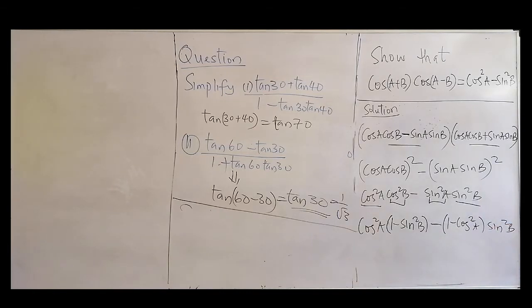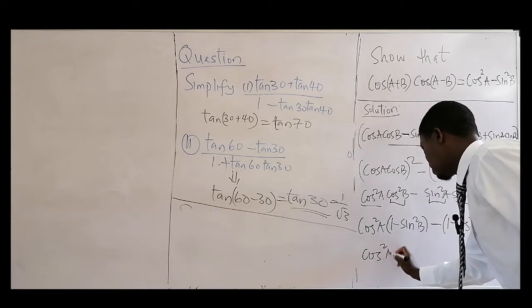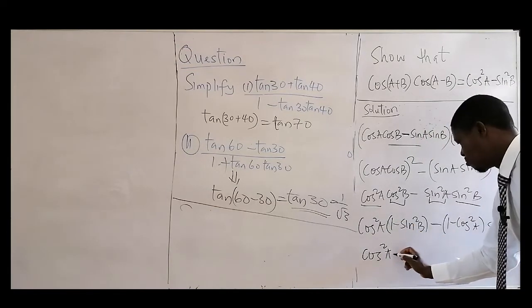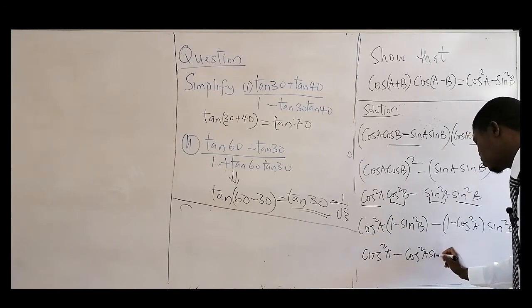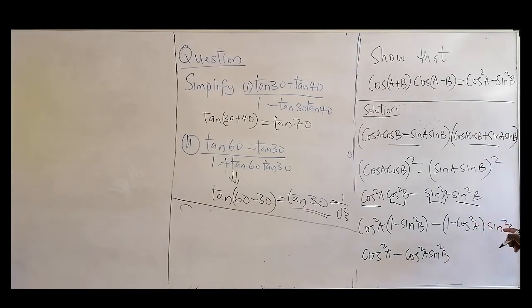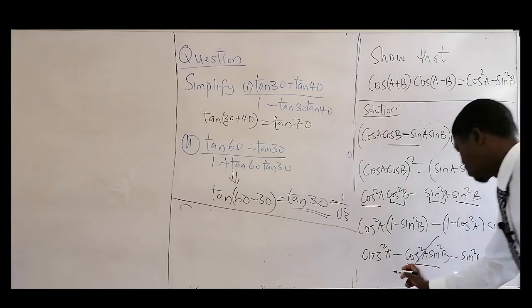So let's expand that. That will be equal to cos squared A times 1, that's cos squared A, minus cos squared A times sine squared B. Here also, sine squared B times 1 times minus, that's minus sine squared B. And then minus times minus, that's plus cos squared A sine squared B. So here is negative, here is positive, so this one cancels out.